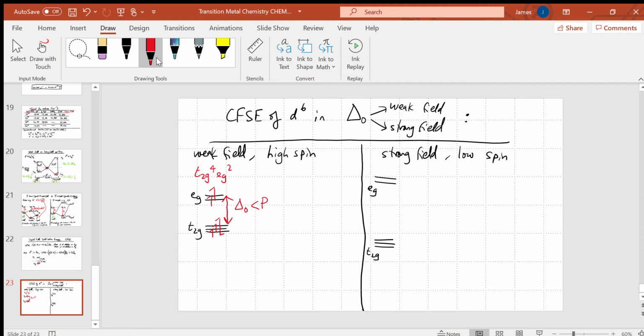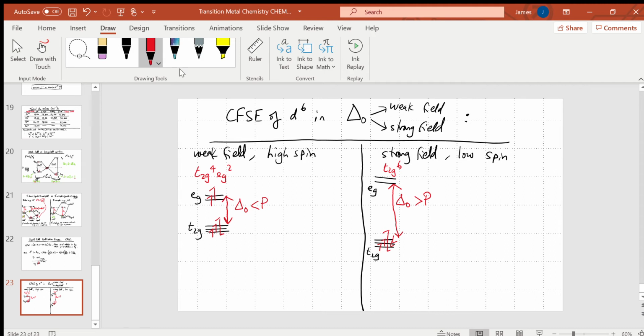And here we have 1, 2, 3, 4, 5, 6. So we have t2g6, and that's because delta O is greater than the pairing energy, so we pair.